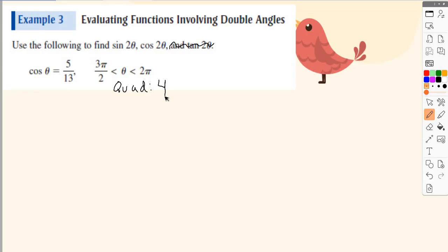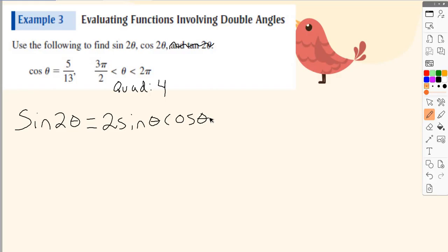And so the purpose, if I wanted to find sine of 2u, is that if I'm given cosine of theta, I can use our double angle formula to plug in. Because notice on the right side here, these are just thetas.